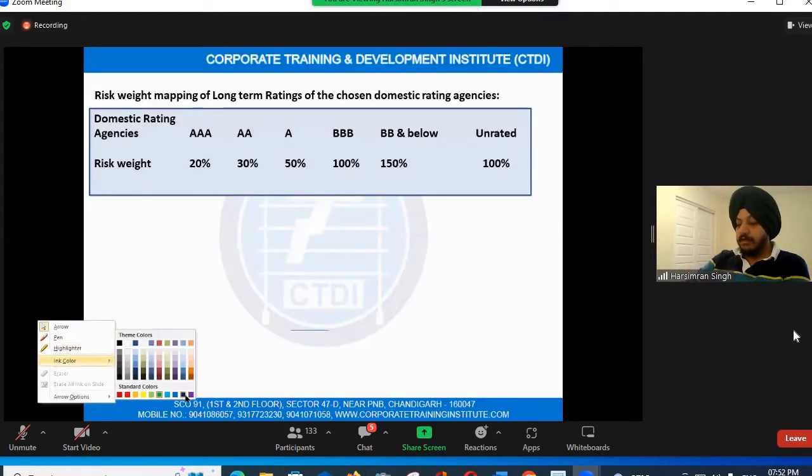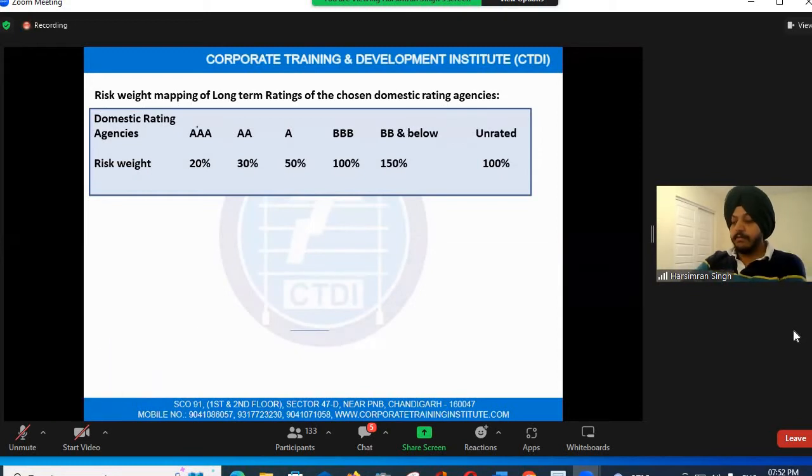RBI says if you have given a particular borrower a rating of AAA, the risk will be considered as 20%. Suppose Madam Deepti is a AAA rated borrower and I give her 1 crore as a loan. The risk will be considered as 20%, that is 20 lakh.